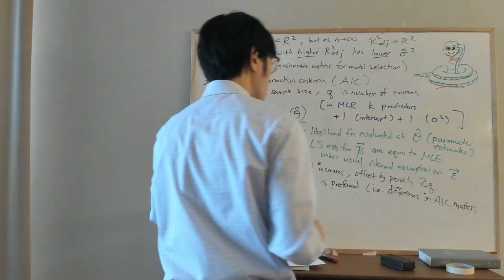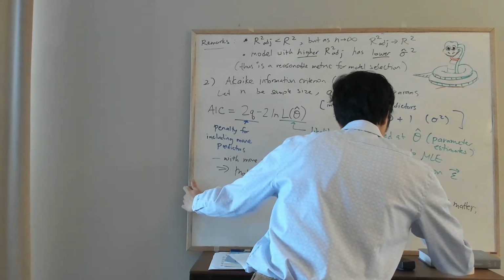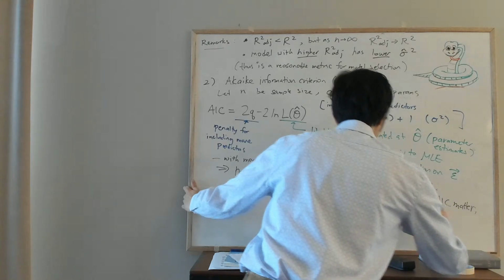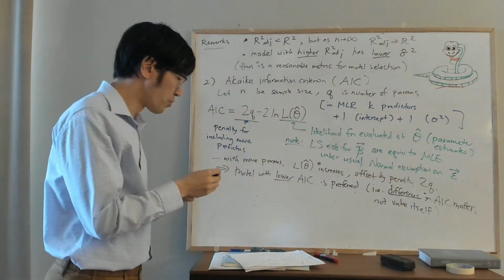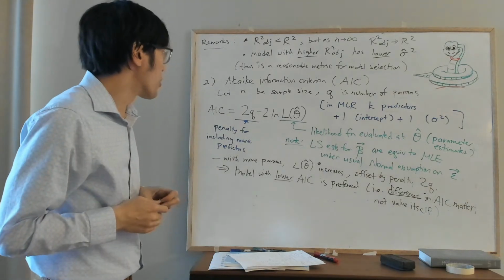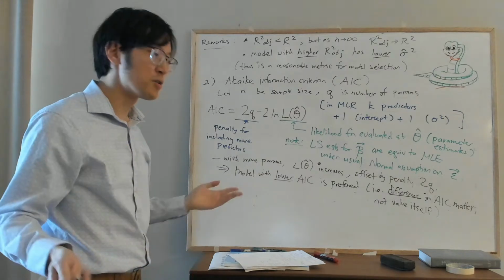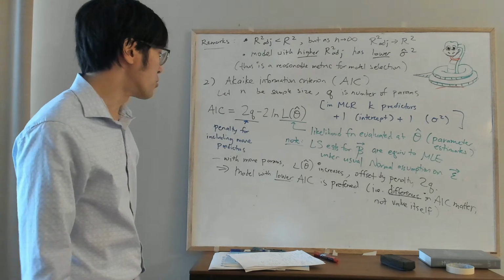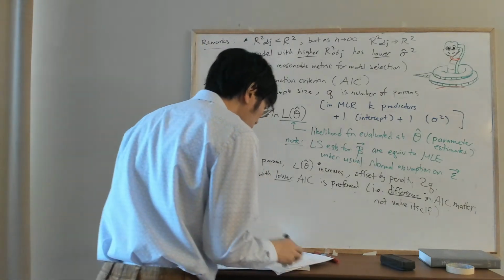You can't interpret the value in isolation. We'd always be comparing AICs of different models. Similar to the R squared adjusted, you fit a whole bunch of models and calculate all the AICs, and then according to this criterion, you would choose the one with the lowest AIC. So lower is better.